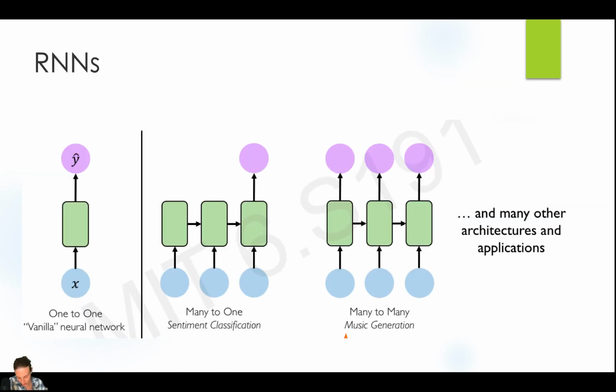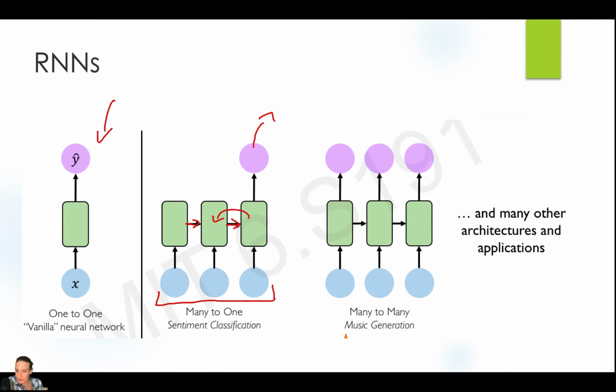Here we have a one-to-one, vanilla or very simple neural network, where we have one input and we predict one output. A different type of network would be many-to-one, whereby we have many inputs and we want to predict one output. Interesting here is that there is a connection, this memory connection, that allows us to look back to the previous word in a sentence, for instance.